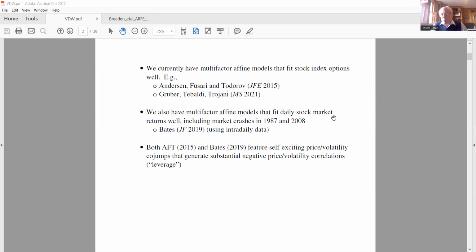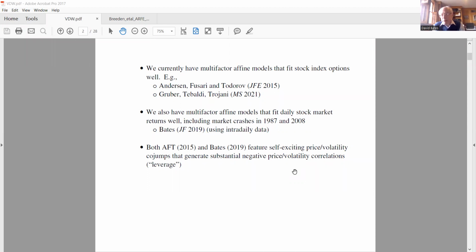And then I've been working most recently on time series analysis using these affine models. At this point, I've got it fitting stock market returns pretty well as well. My 2009 paper in Journal of Finance used intradaily data and found that these co-jump models, so price-volatility co-jump models with self-exciting jumps, actually fit stock market crashes really well, which had been a problem in my earlier papers.